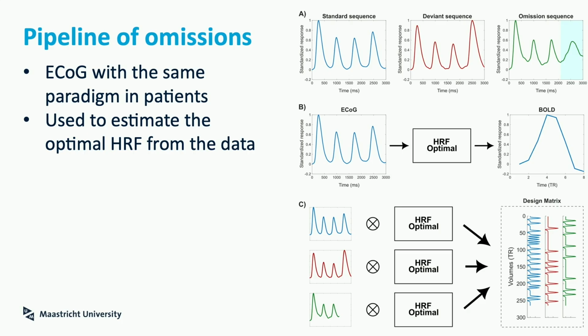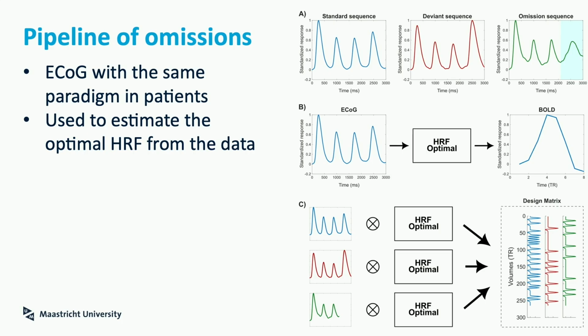So we tried to understand what is the best hemodynamic response function to understand how these 2 are related. And then what we did is we took the ECoG response to the standards, to the deviants, and to the first 3 presented syllables of the omission sequence, convolved this with our optimal HRF, so not with the canonical HRF, but the one we estimated, and we subtracted this from our original fMRI time series.